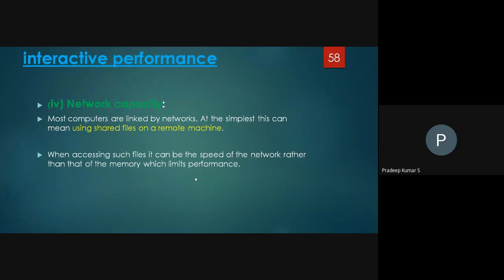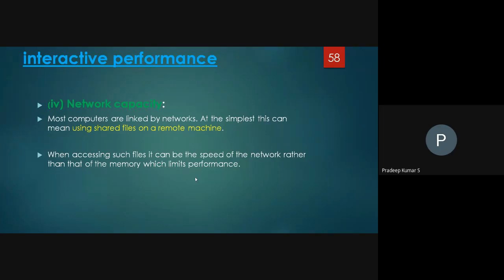I don't bother whether it is 150 or 200 or 100; I have to maintain proper networking. Accessing the file, the speed of the network also I have to take into account, rather than the memory. So it should be shared, with everybody accessing my file at a single time. That is the network capacity.